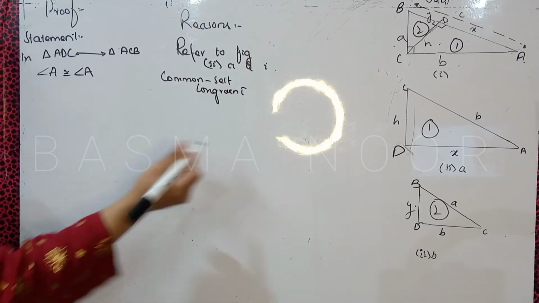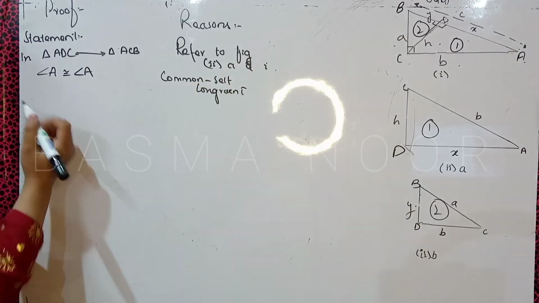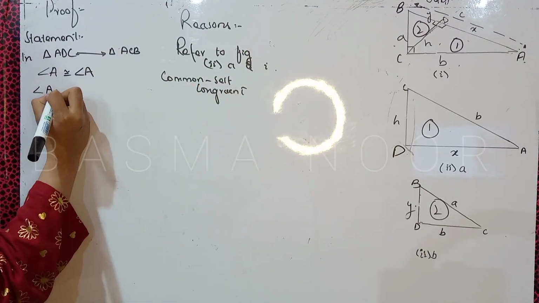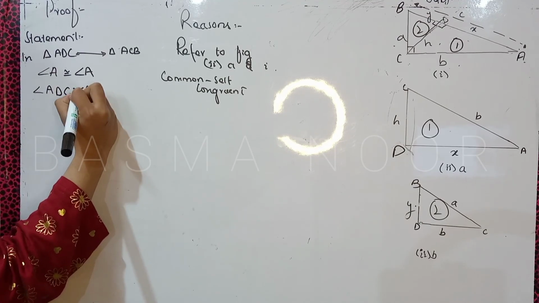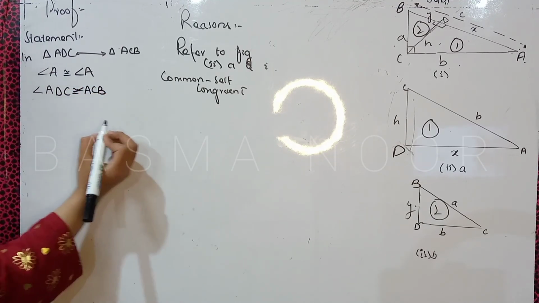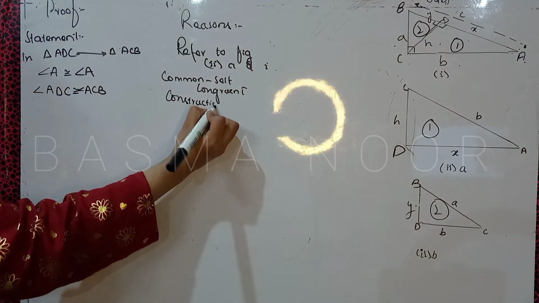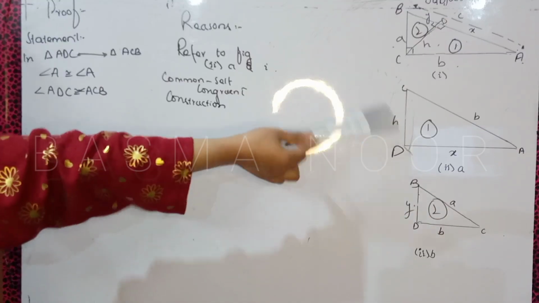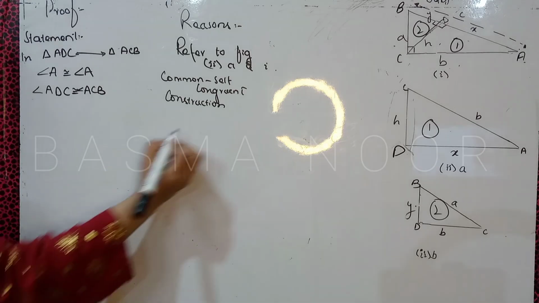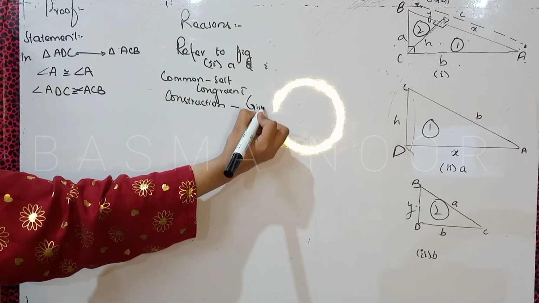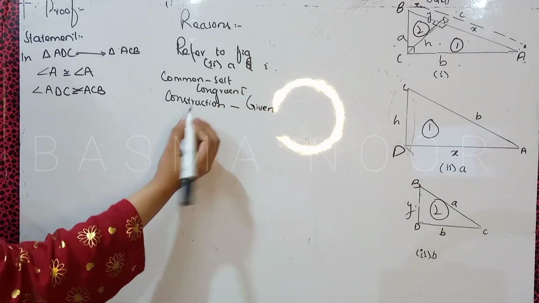Then angle ADC is congruent to angle ACB. These are the construction work, because in construction we have drawn a line CD, so obviously it is construction work, and it's also given. And in ADC and ACB, angle D and angle C are equal to 90 degrees.